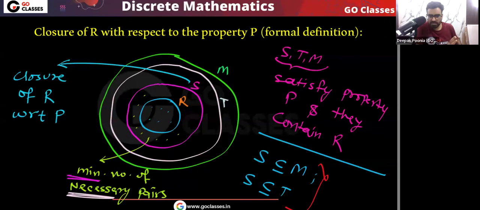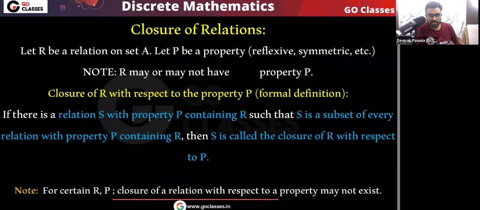If you did not understand, then just read this statement again. The formal definition of closure of R with respect to property P is like this: if this relation does not satisfy property P, then we will create a new relation S which satisfies property P and which contains R, because in this relation R we will add something.